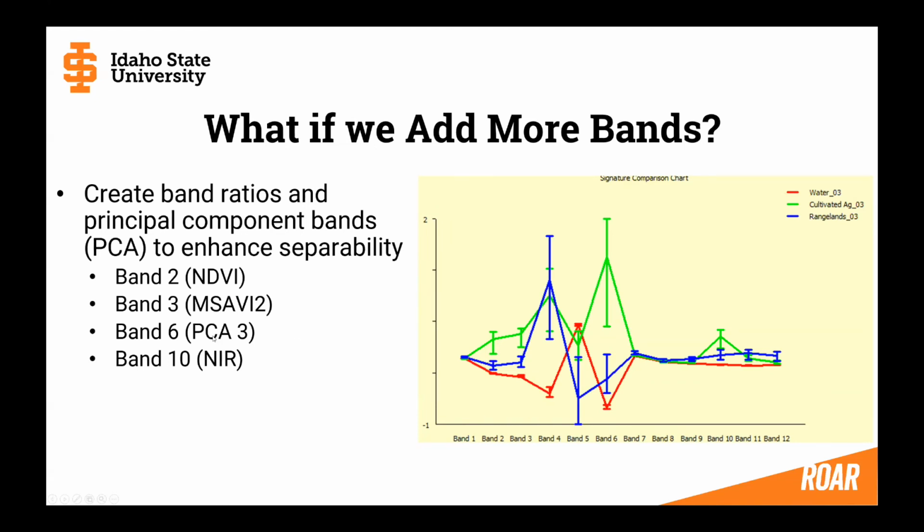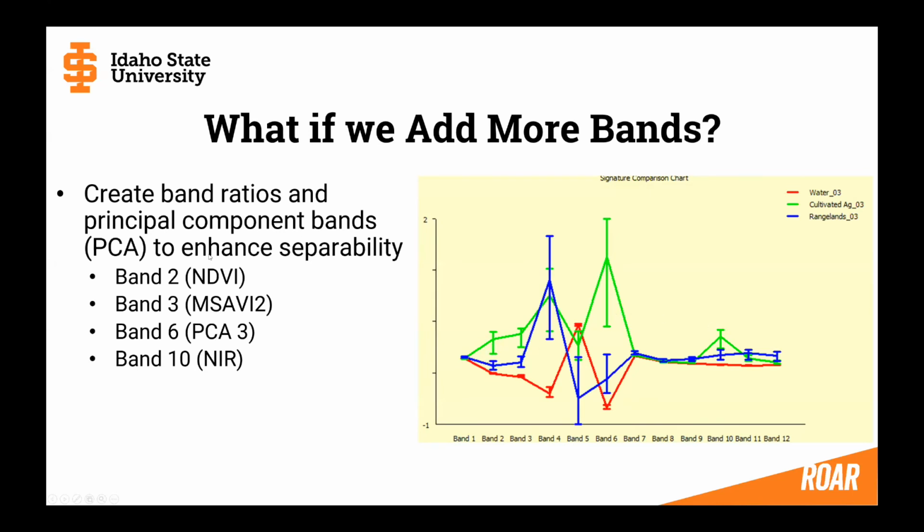We have good separability with PCA composite 3. That's what appears as band 6. Actually, excellent separability here with that principal component analysis, and still our near infrared band now shifted over to band 10.